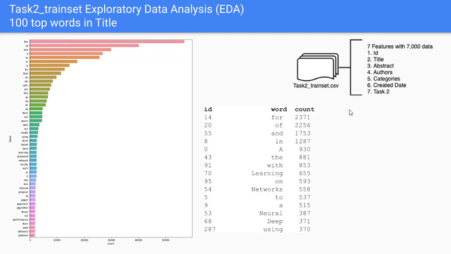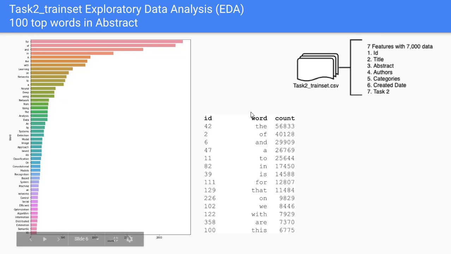So first things first, we would like to know what the top words in the title text are. As you can see on the slide, the picture shows that the 100 top words in the title text are stop words such as for, of, and, in, with, and so on. Maybe learning, networks, neural, deep are non-stop words, but they are also good.